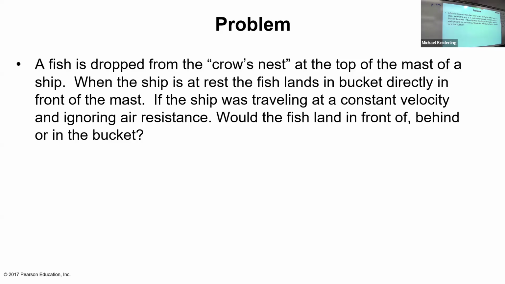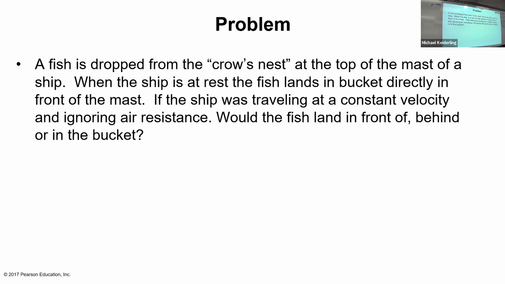So when the fish is dropped, the fish and the ship have the same velocity in the x direction. The ship will keep moving at a constant velocity in the x direction, so the bucket will be moving at a constant velocity in the x direction.